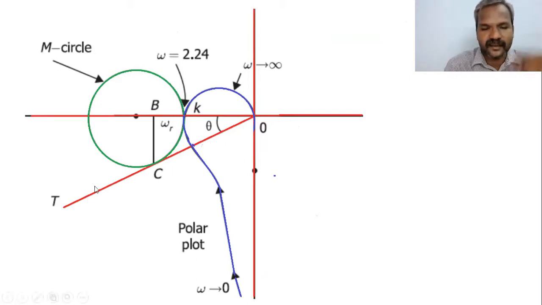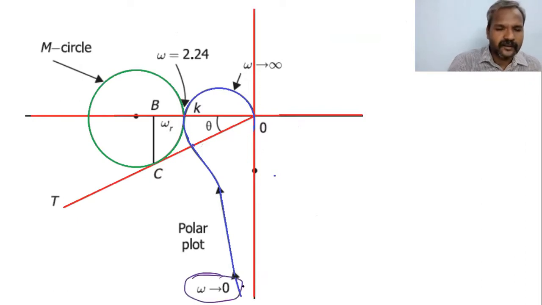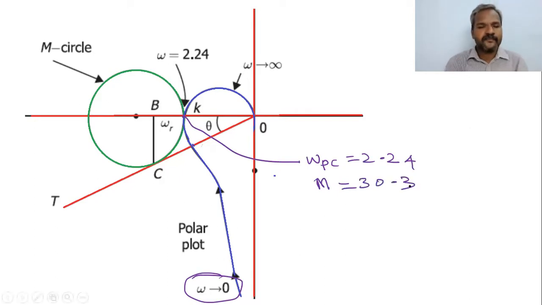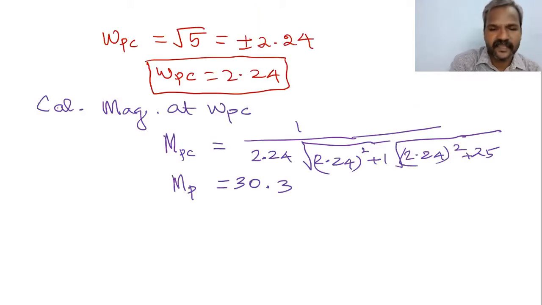As per the procedure mentioned, first we have to draw the polar plot. We have already marked the crossover frequency omega PC, which we determined as 2.24, with a corresponding magnitude of around 30.3. Now we have to draw the tangent touching point. We have to draw this angle theta. M is given in the problem. What is M?